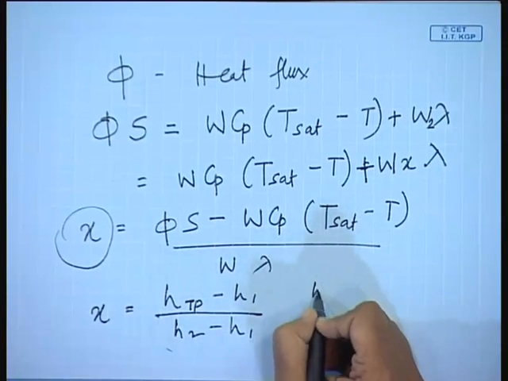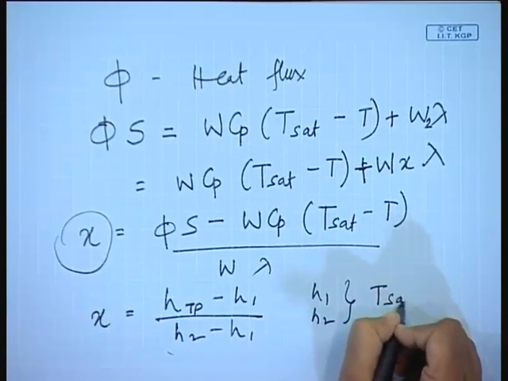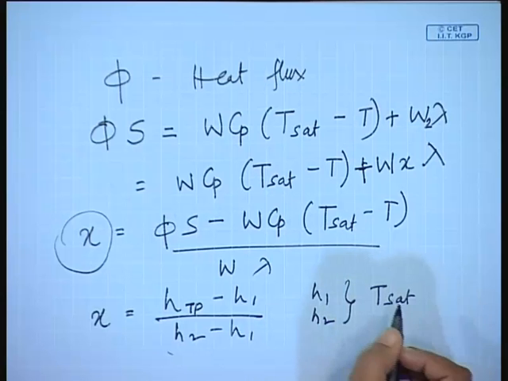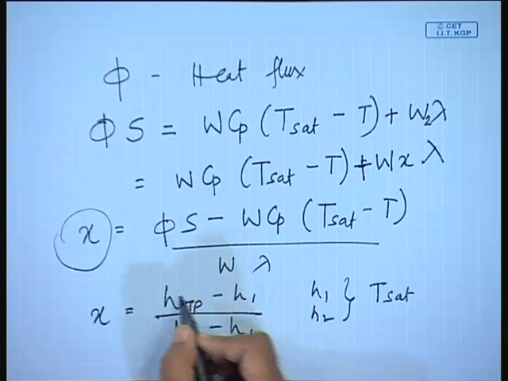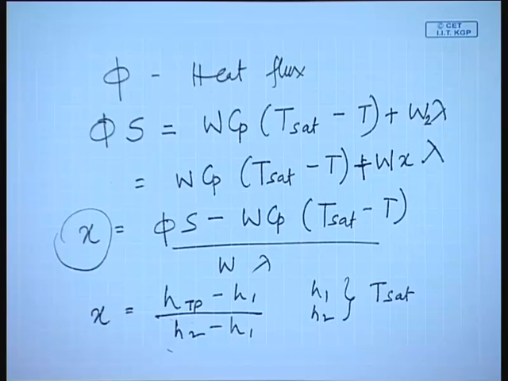That means h1, h2 both of them are measured at the saturated temperature T sat, and this is the two phase enthalpy. So, remember one thing, we are using small h to denote enthalpy. If you are doing heat transfer, then we will probably use small h to denote the heat transfer coefficient as well. But according to the application you will be able to understand, we will not be doing much of that.